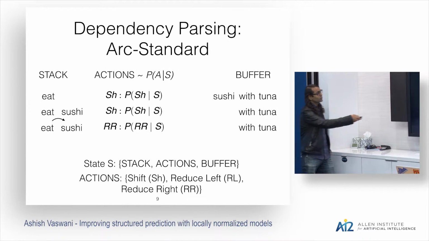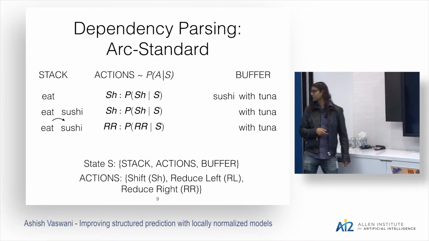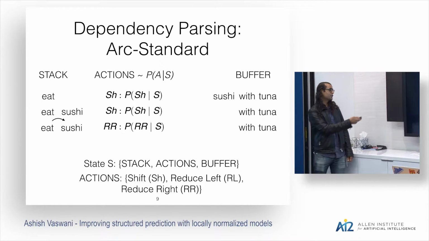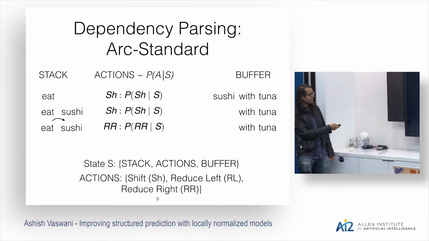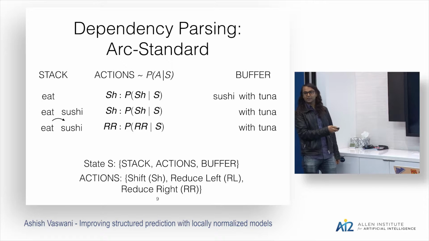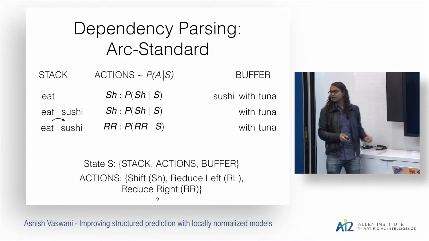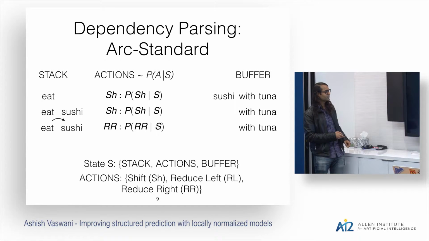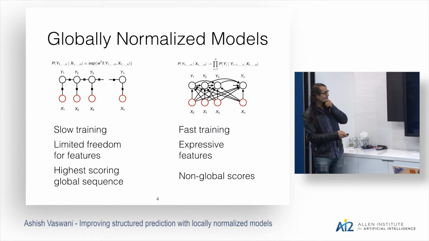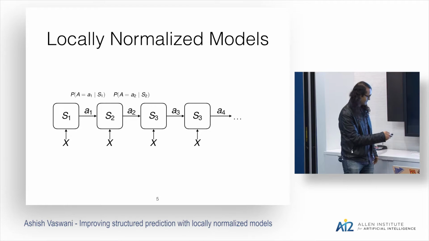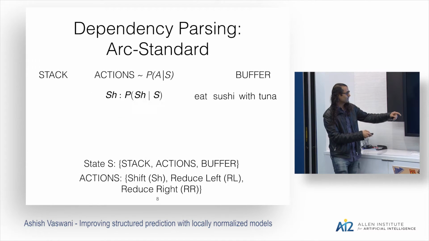And notice that you couldn't do any reduces here because you need at least 2 items on the stack to do a reduce. So then you can do a reduce right, or you could do something incorrect, which is a reduce left. Actually, a reduce right is incorrect here too, because as soon as you add a parent to sushi, sushi cannot get any more children, which it needed to have in the actual dependency parse.